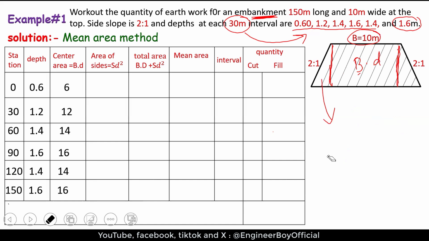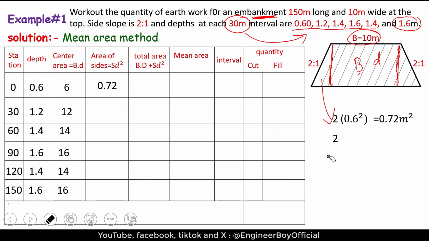Now what should be the value for that station? This is the sides area, and as you can see, SD square. So it should be 2 for S, and for D, that is 0.6, okay, but over there we have square. Now this should be 0.72 square meter, okay, we can put that value over there.